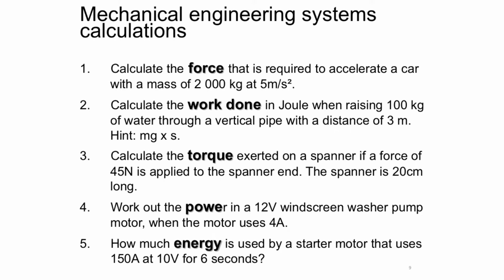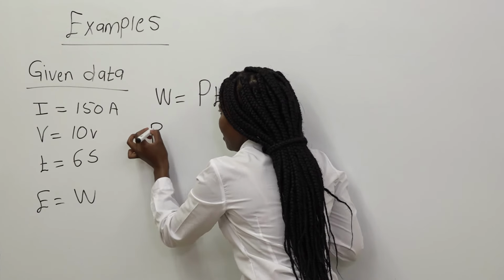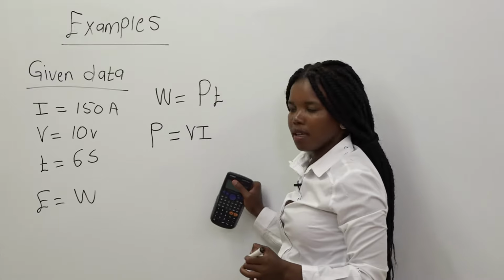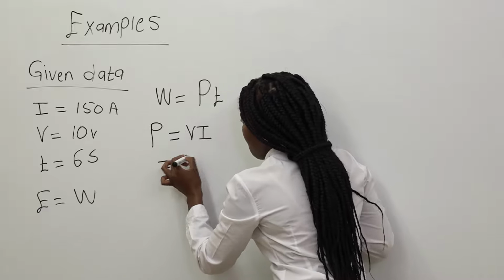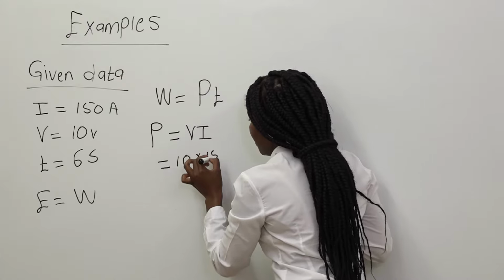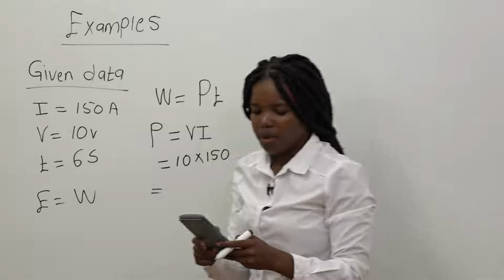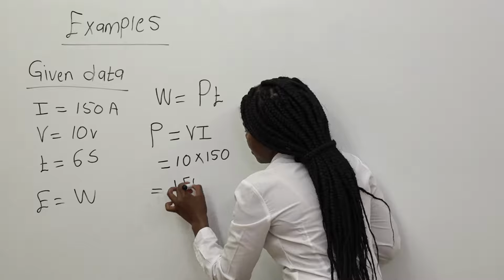Since we are given I, which is 150, and V, which is 10 volts, we can calculate the power. So P is given by V times I: 10 multiplied by 150, you'll get 1,500 watts.